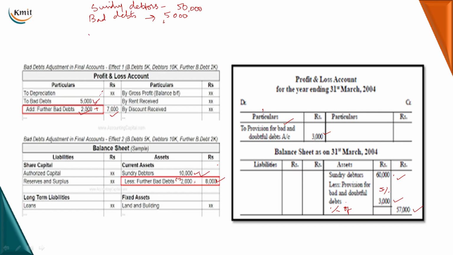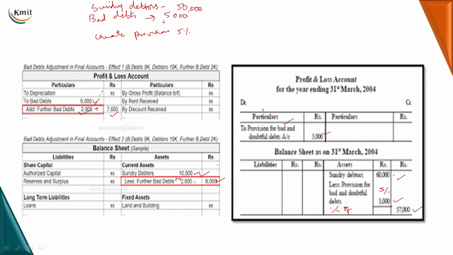Now again you are supposed to create a provision of 5%.